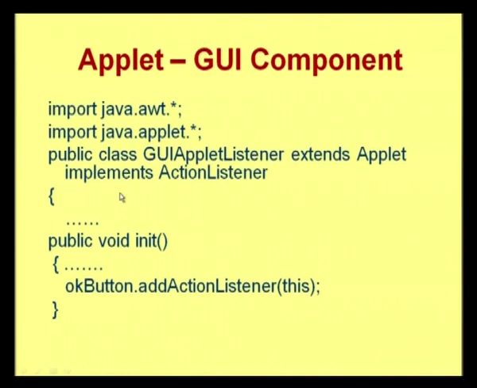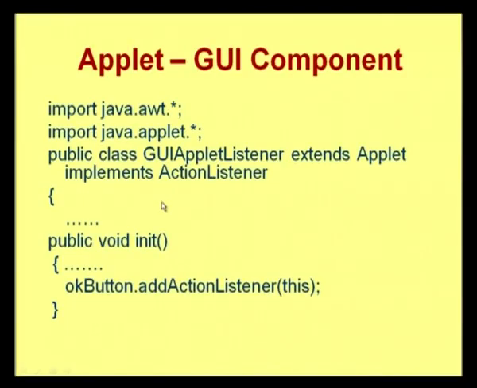You can see here we are trying to implement the action listener. We have seen a list of listeners and the components associated with them. The action listener is meant to handle your button, your combo box, and so on.